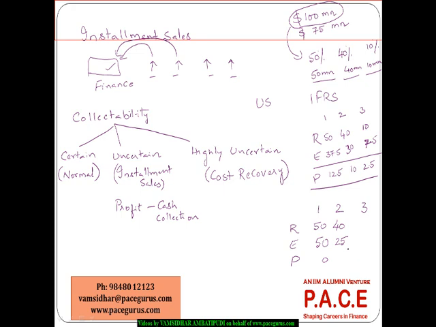My cost is completely recovered, so I'll recognize a profit of 15 here. And in the third year, where my revenue is going to be 10, I'm going to receive cash of 10. Now there is no more cost involved, so I'll recognize a profit of 10 here. So until I collect my whole cost, I am not going to recognize the profit.